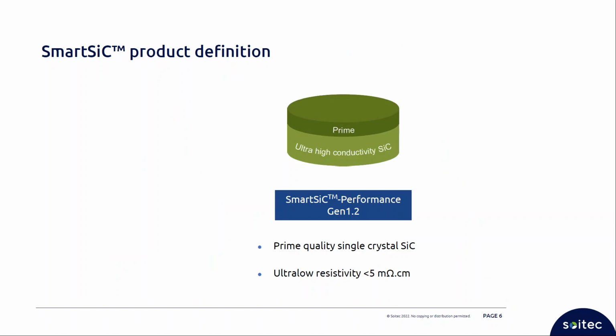So what do we propose as SmartSiC is, I say it's not only about, it's kind of composite materials. We associate in so-called SmartSiC performance generations a prime quality single crystal mono-SiC, thin layer of mono-SiC on top of ultra low resistive or ultra high conductive SiC materials, a poly-SiC.